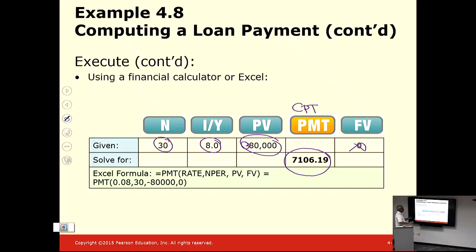The interesting thing is that there are 1, 2, 3, 4, 5 possible variables in your financial calculator. If I have any 3 or 4 of them, whichever is my missing variable, I can compute it. So over here, in this case, I had N, I had IY, I had PV. Future value I did not need, is not relevant for this problem.